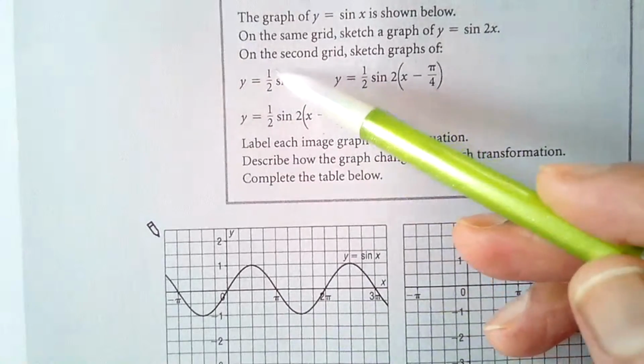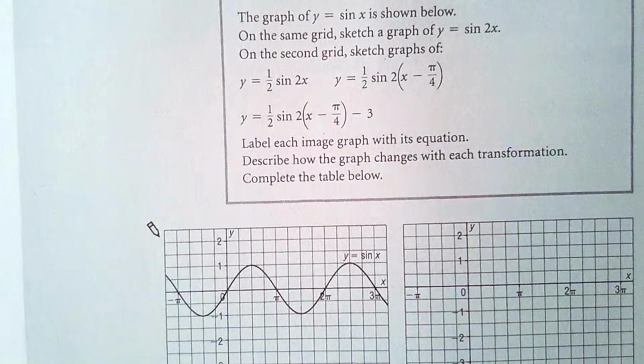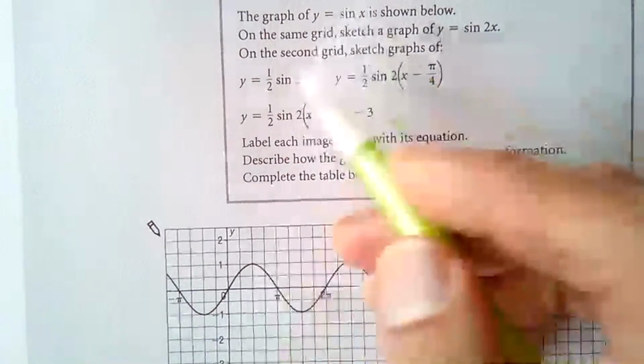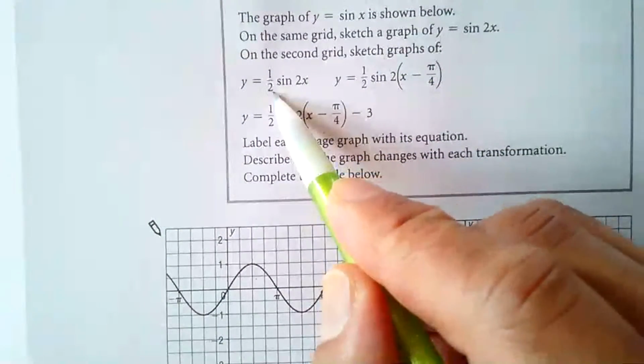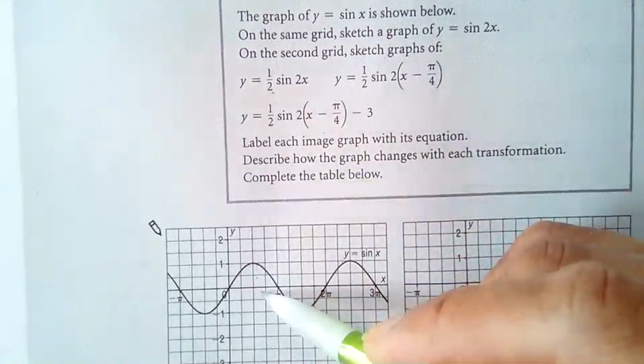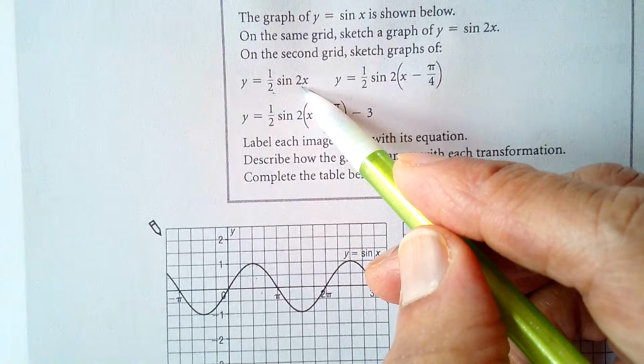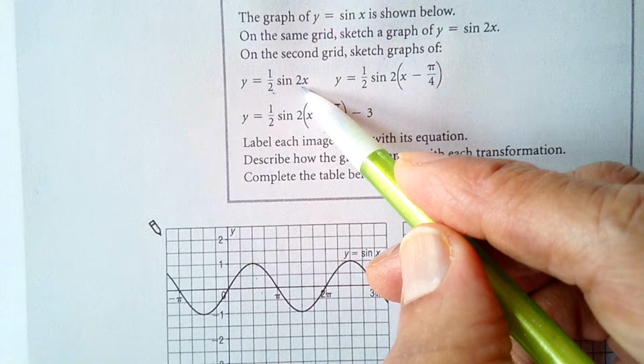You want on the same grid to sketch a graph of half sine 2x. Notice the amplitude in this case would be a half, so you're looking at half of 1. And the period is going to be a compression now. It's pi.